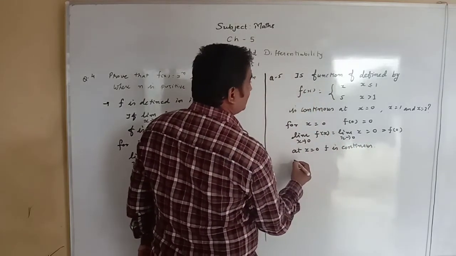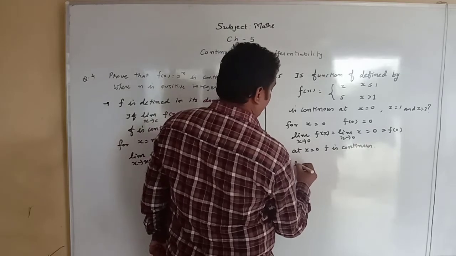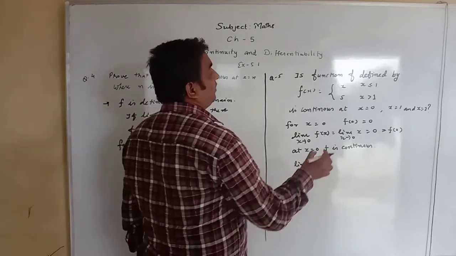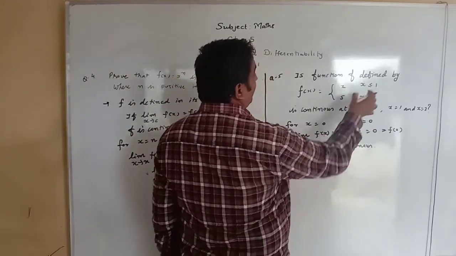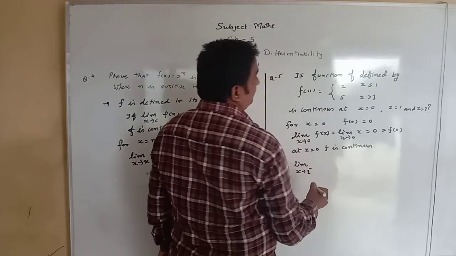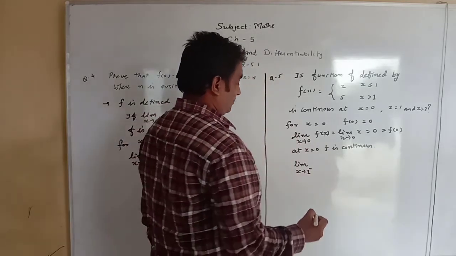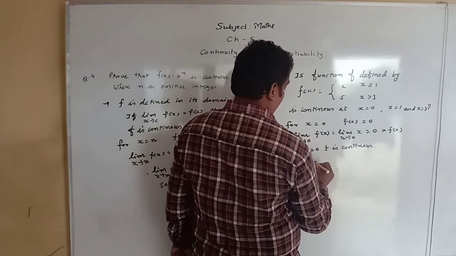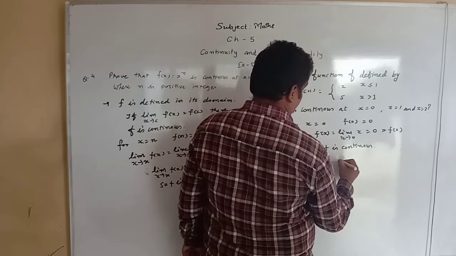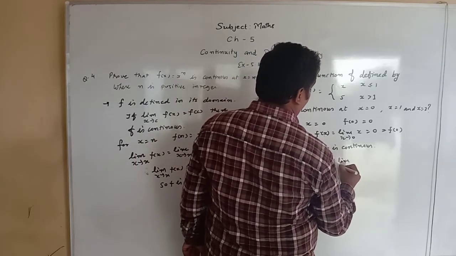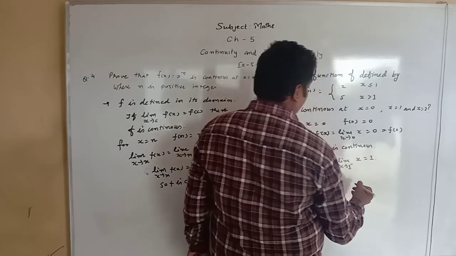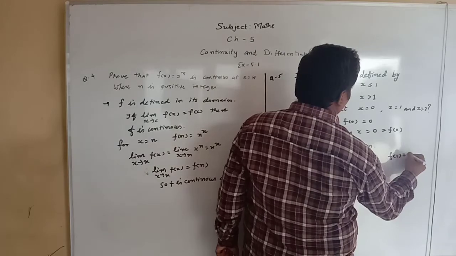Now at x equals 1, the function gets deviated, and so we take limit x tends to 1 minus f(x), which is limit x tends to 1 minus x equals 1. f(1) is also given as 1.